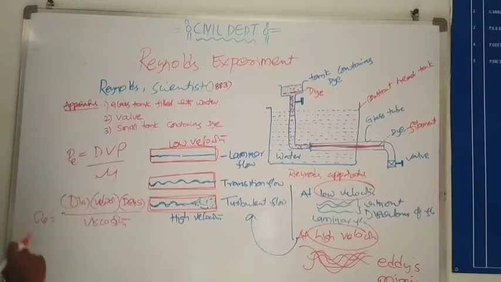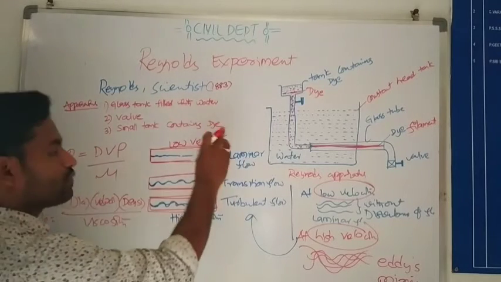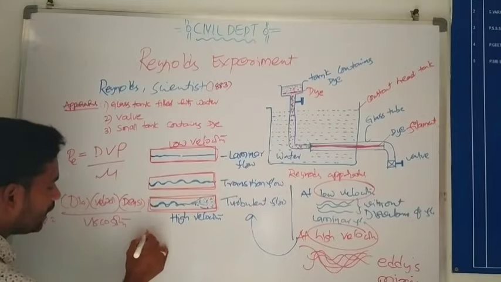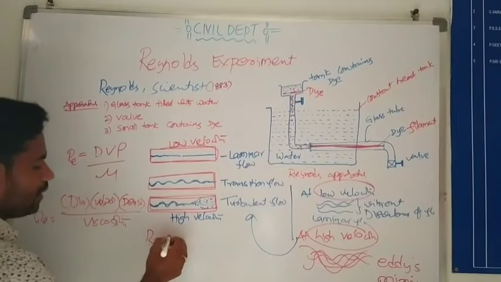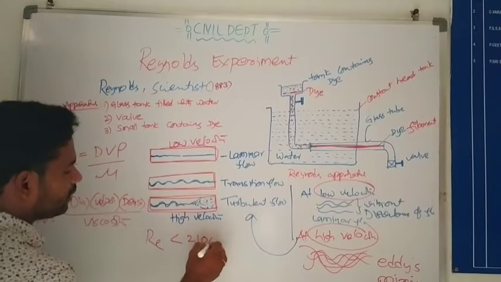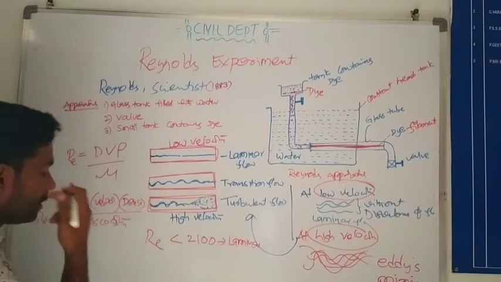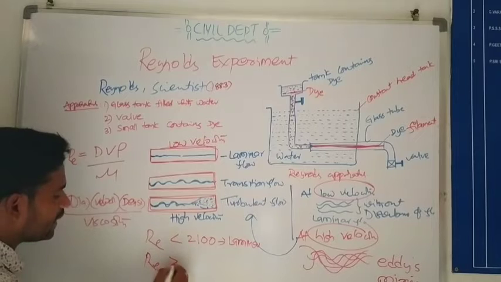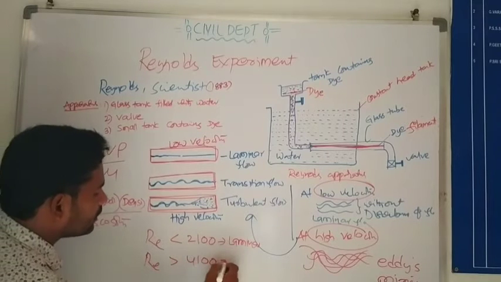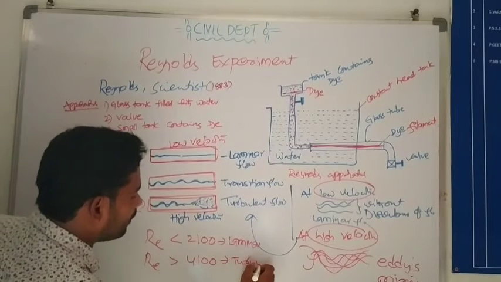So by using this equation, you can say whether the flow is laminar. How can you say that? If the Reynolds number value is less than 2100, that flow is called laminar. If the Reynolds number value is greater than 4100, that flow is called turbulent.